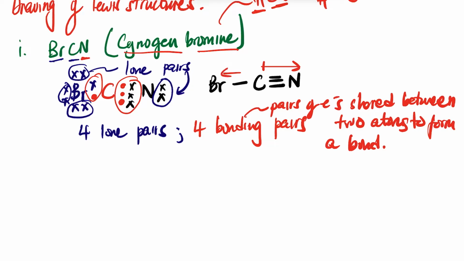If you look at the arrows, they are not the same, so there is a net dipole moment. Once the net dipole moment is not equal to 0, the molecule is polar.